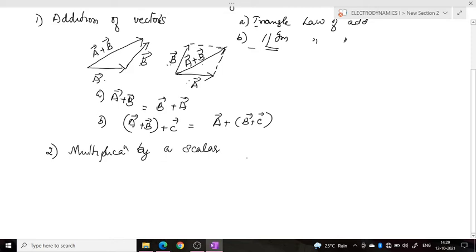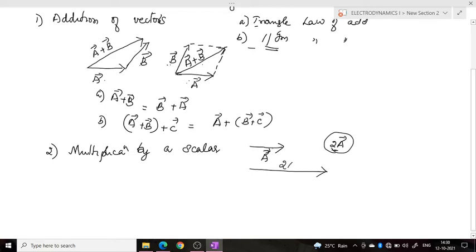This is a vector A. Now what is 2A? 2A is a vector having the same direction as A, but it has 2 times the magnitude.